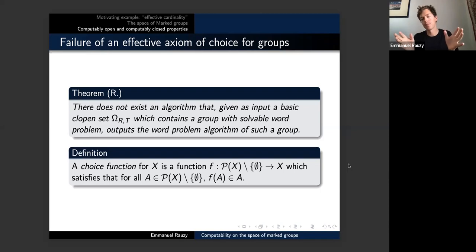All right. So we are not in the favorable context where we have hierarchy theorems and where we know exactly what the computably open sets are, but this shouldn't prevent us from trying to classify group properties as computably open and computably closed.